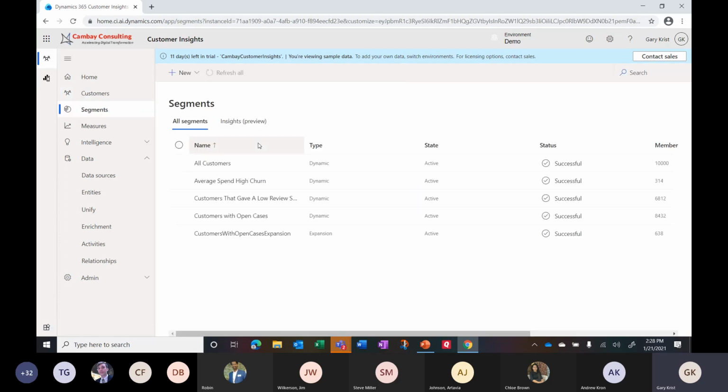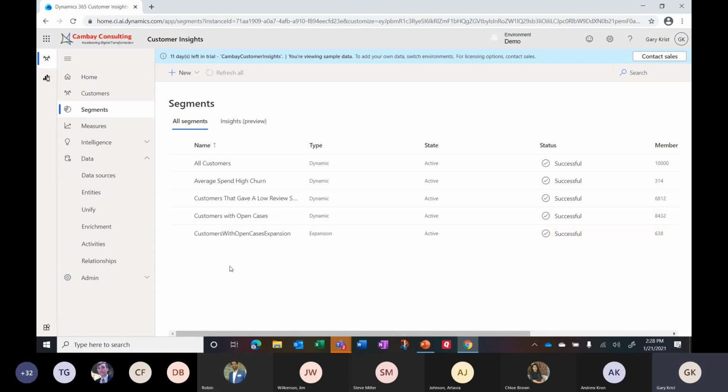We can also take that a step further. Tying back to the example we were talking about before with our securities customer, we've taken their data, merged all these sources together, and now we're able to build these segments. What's their average spend? How many open support cases?